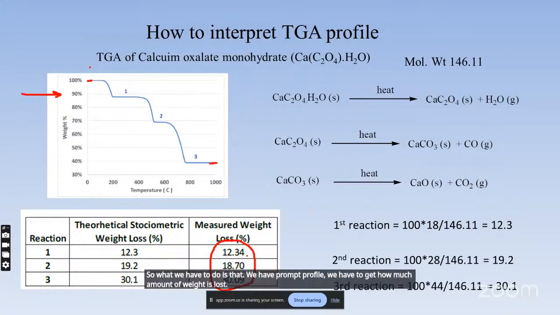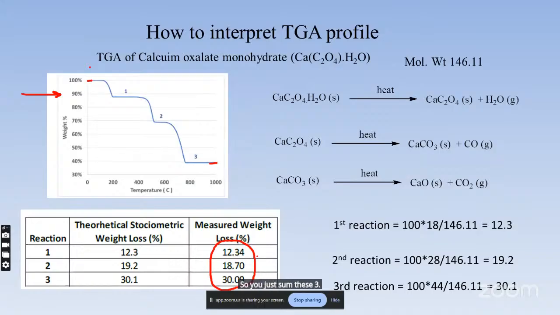You just sum these three steps. 12.34 plus 18.7 plus 30.09, so you will get 61.13 weight lost.